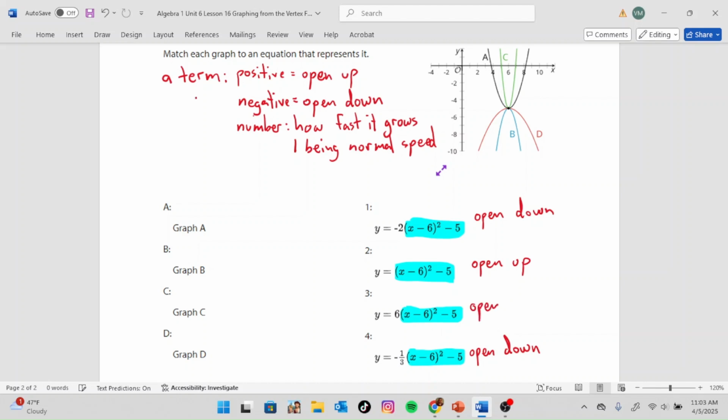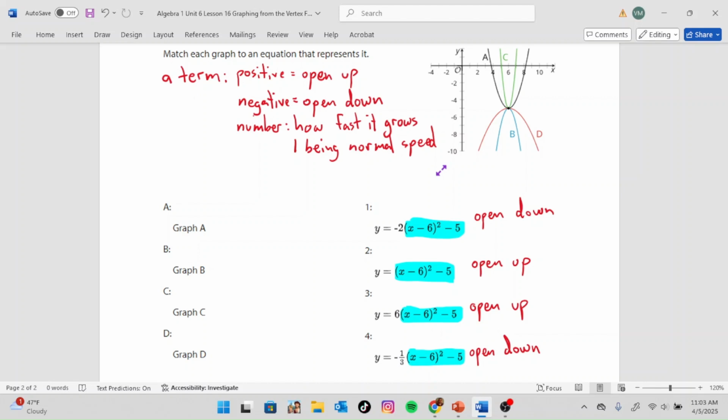So right now, I know that A and C are going to have to match 2 and 3, and I know that B and D are going to have to match 1 and 4. Now I just have to figure out which one is which.